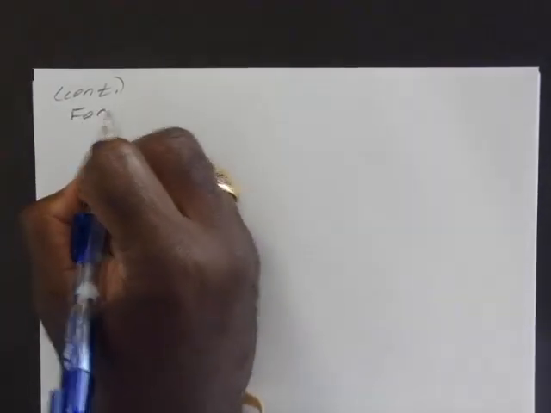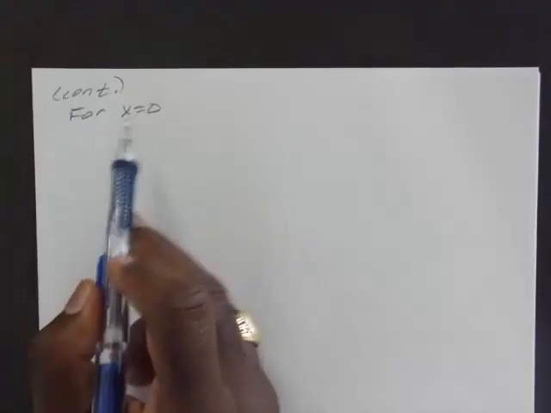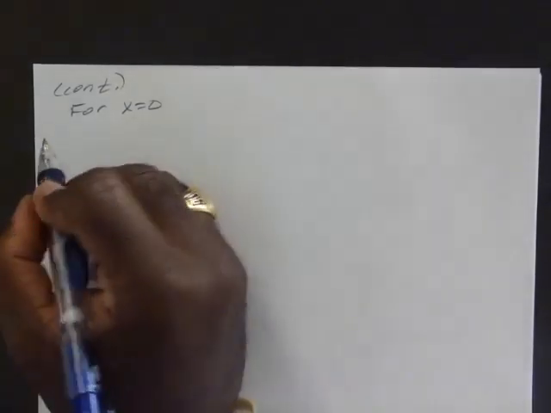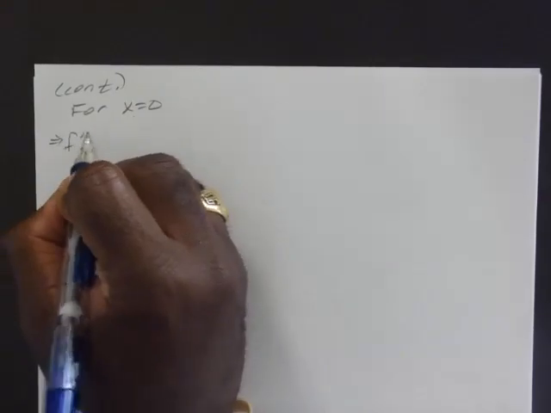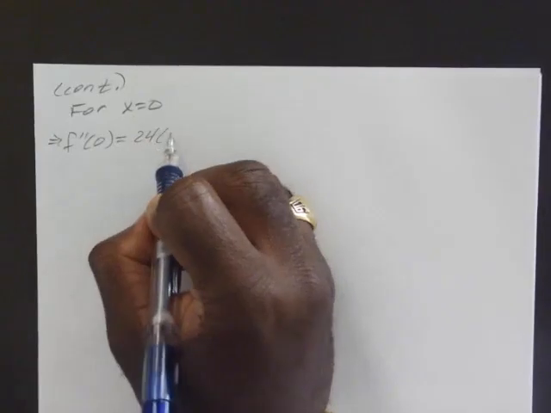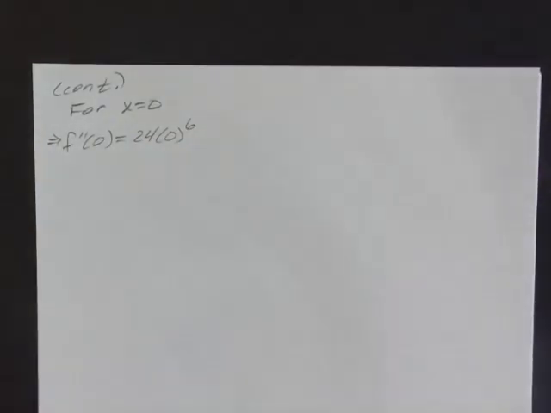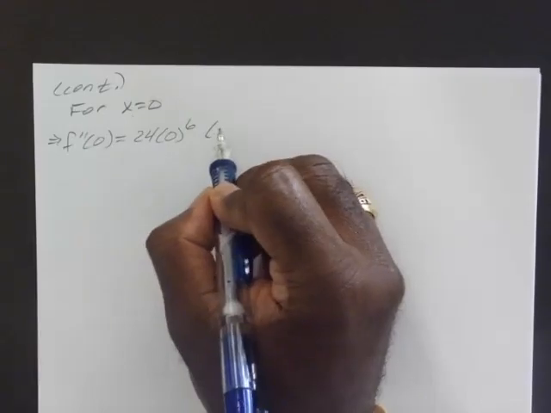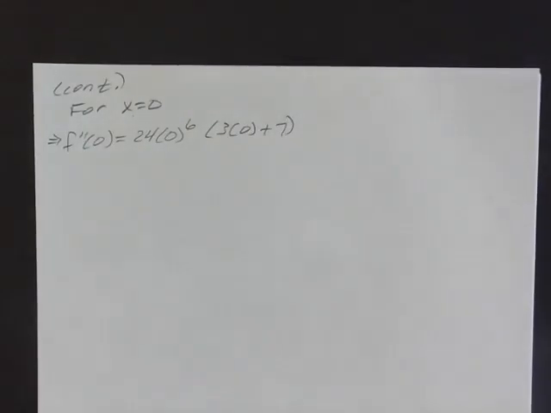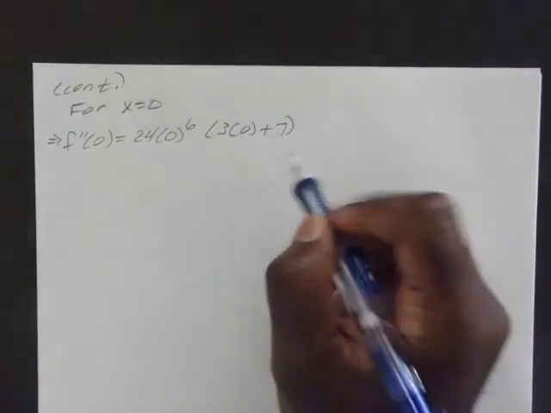So we know that for x is equal to 0, if we plug that into our second derivative, our second derivative at 0 is just going to be 24 times 0 to the 6th power times 3 times 0 plus 7. Which just gives us 0 times 7, which is 0.